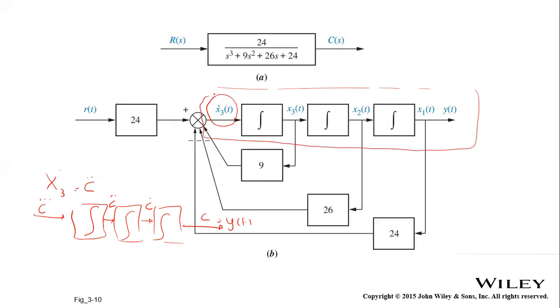Okay. So next we have the summing point. 24R is the numerator. The R signal is multiplied by a gain which is 24, which is added here. And what is the minus here?